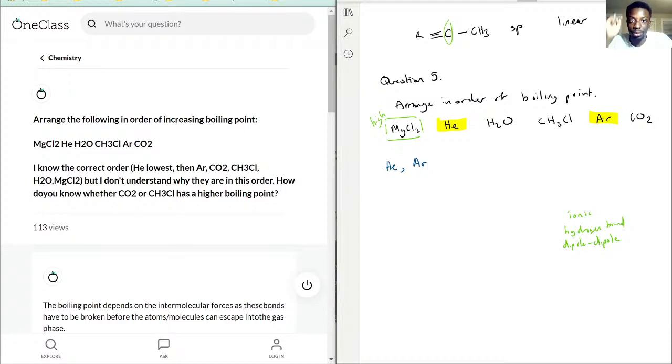Those ones beat out most, if not all, dipoles. Because dipoles, there's still a distribution of electrons just where they prefer to be, which does increase the boiling point, but hydrogen bond is really polarized.